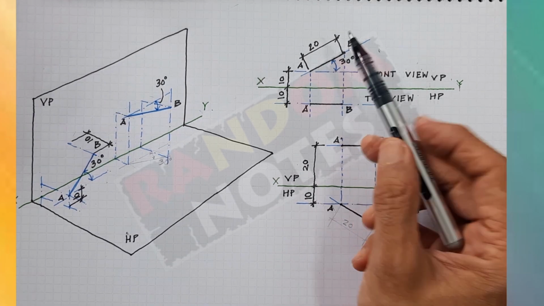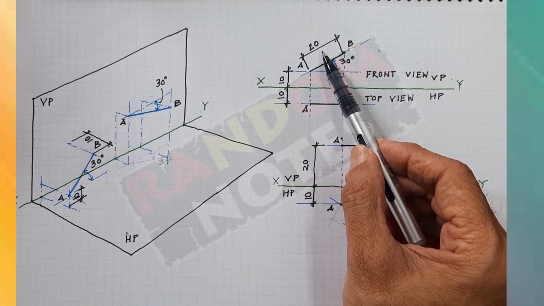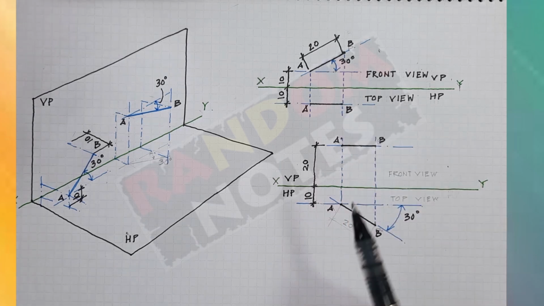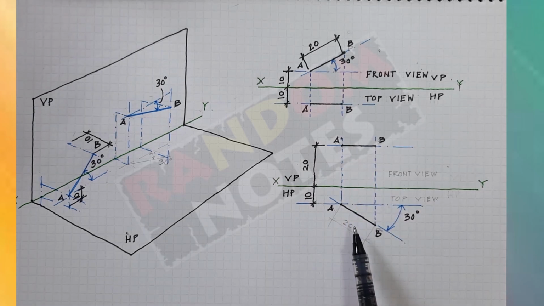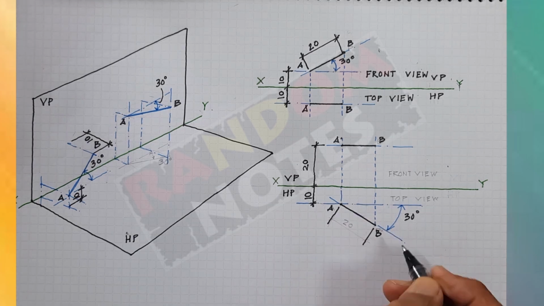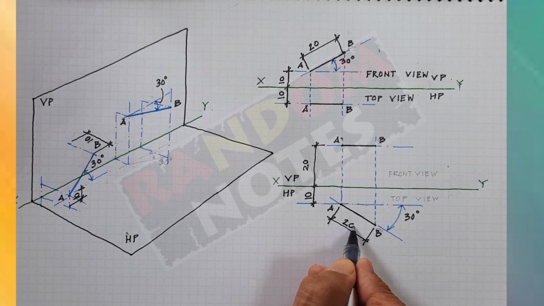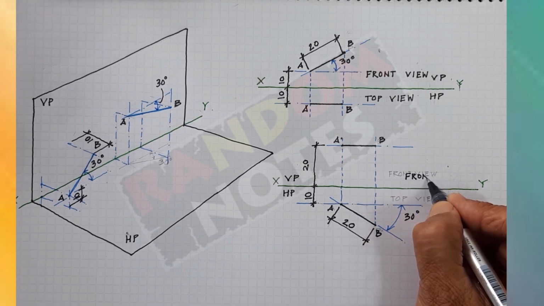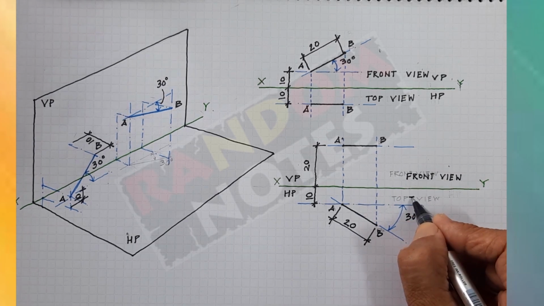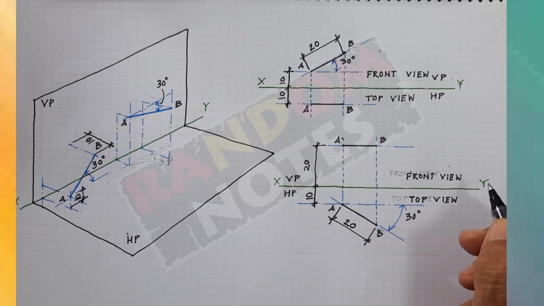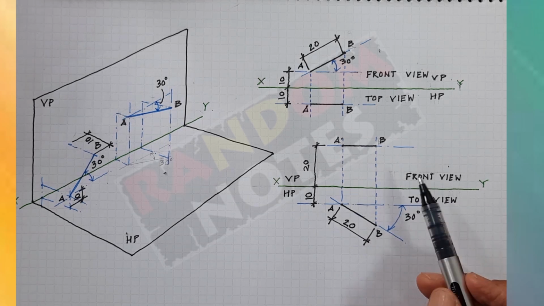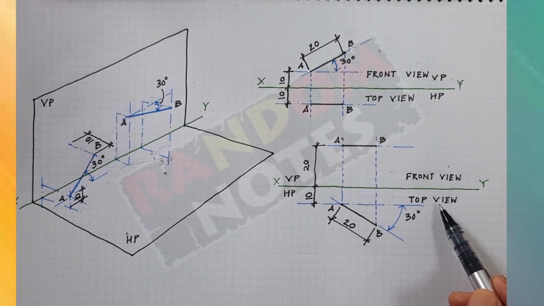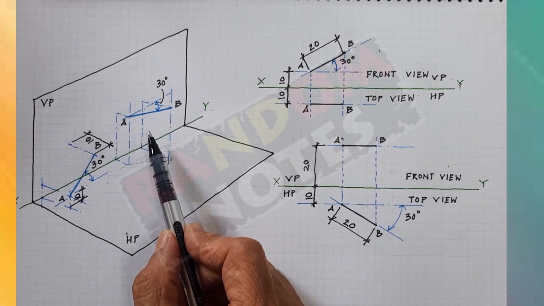Like where the true dimension was visible in the front view, in this case, the true dimension will be visible in the top view. And this is the condition of front view and top view of the second case.